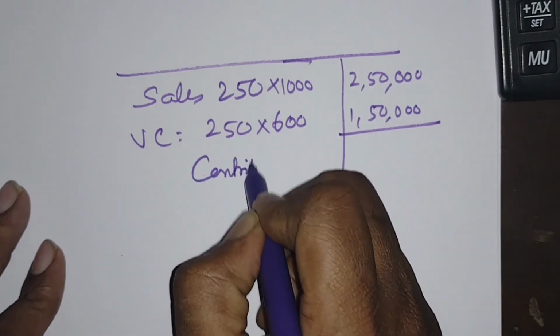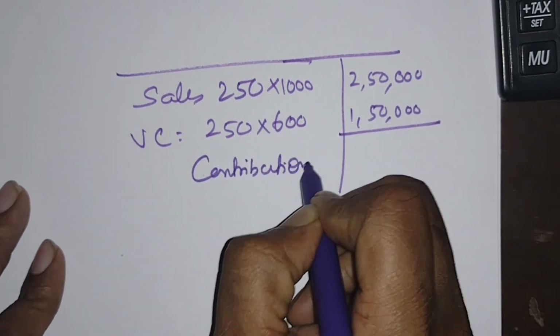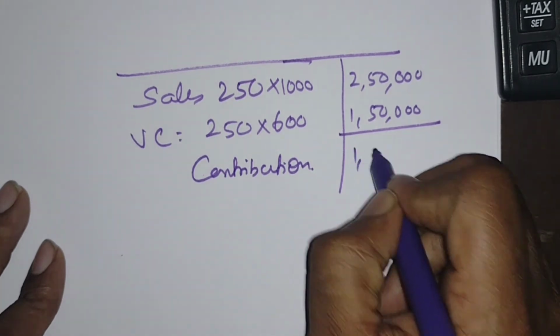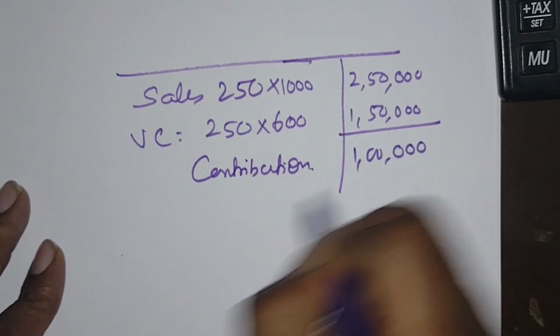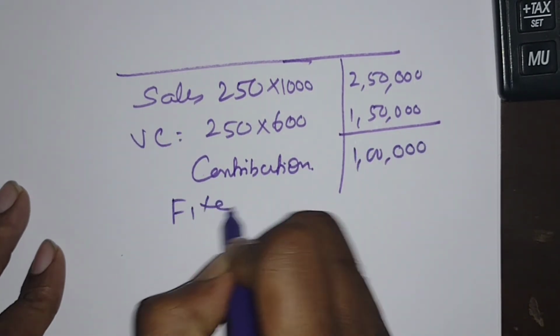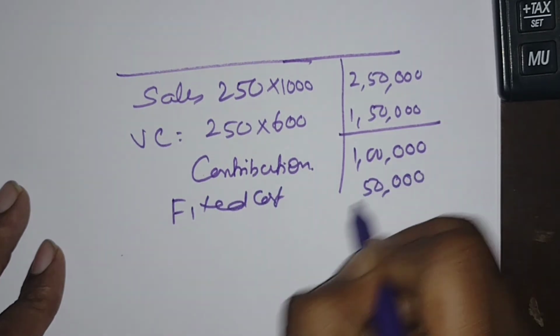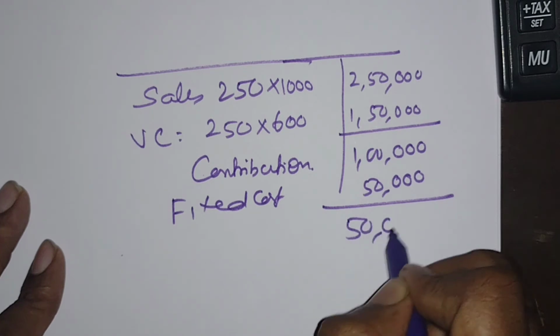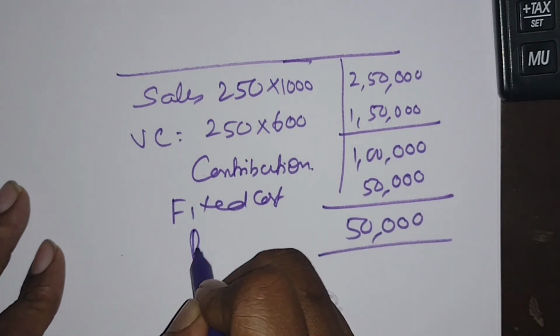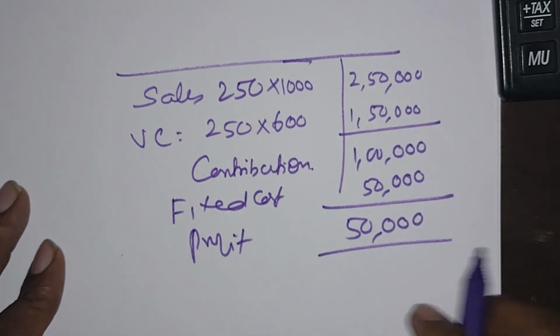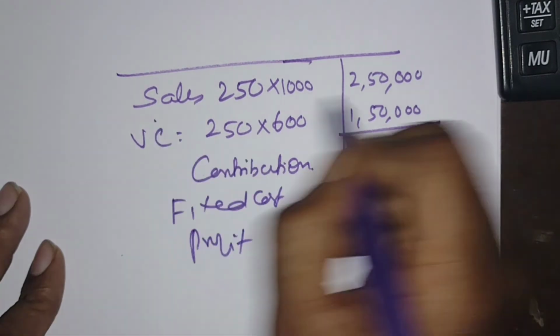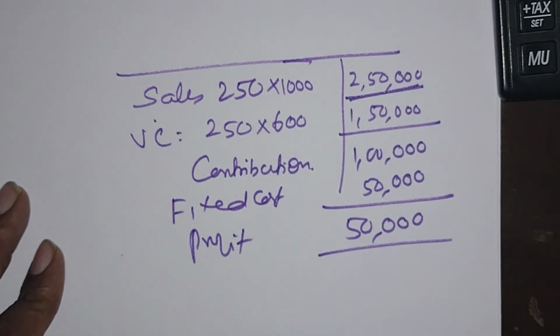Therefore my contribution changes. My contribution is 1 lakh rupees. We know my fixed cost is 50,000. 1 lakh minus 50,000, the remaining 50,000 is profit. Now you see the sales I need to make is 2,50,000.